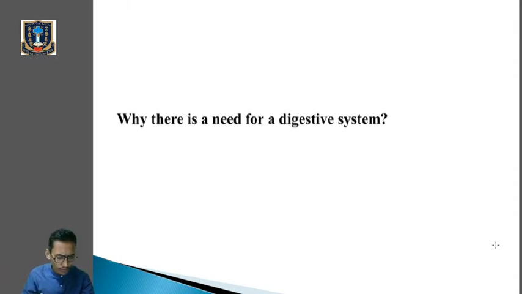Therefore, in order to convert the food that we eat into a soluble form so that it can be absorbed by the blood, by the body, the digestive system is essential.